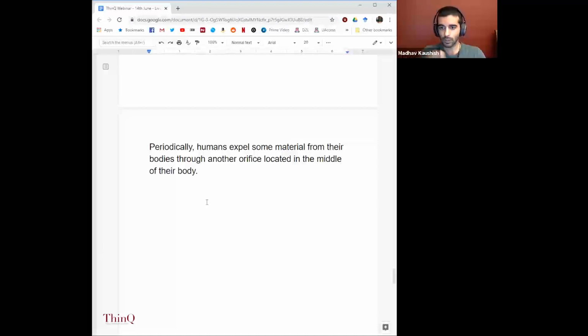Then we brought in another observation, which was that periodically there's an expelling of some material, which we are for now assuming is related to what came in. In order to explain that, we postulated a valve. It's not the expelling which needed the valve, it's that the expelling didn't happen instantly, which needed the valve, right?